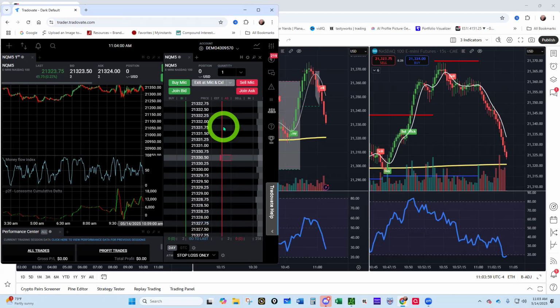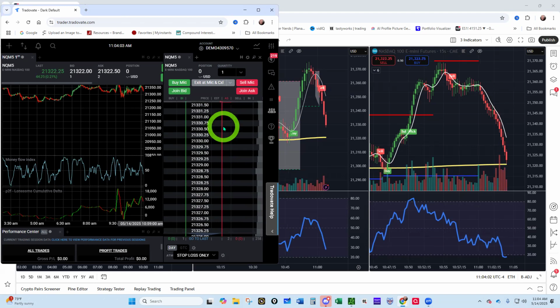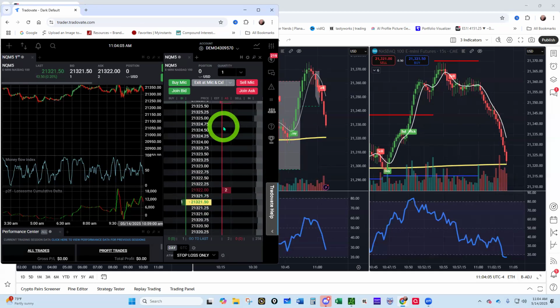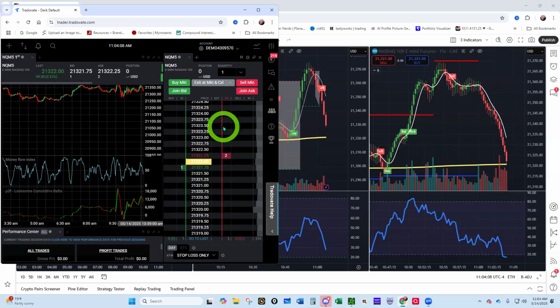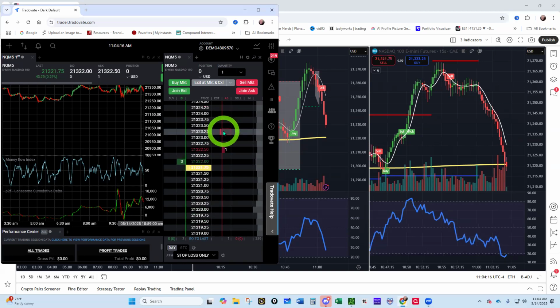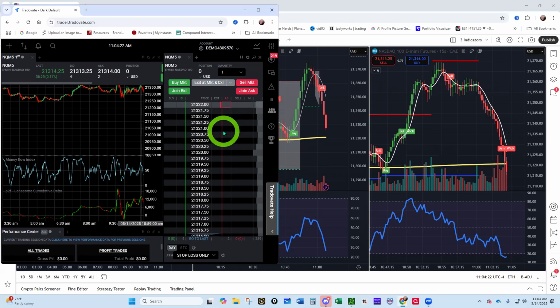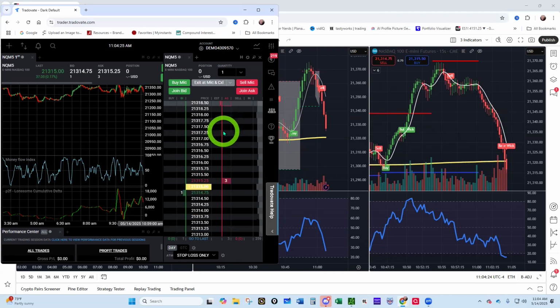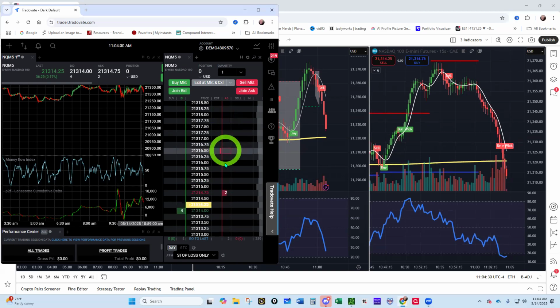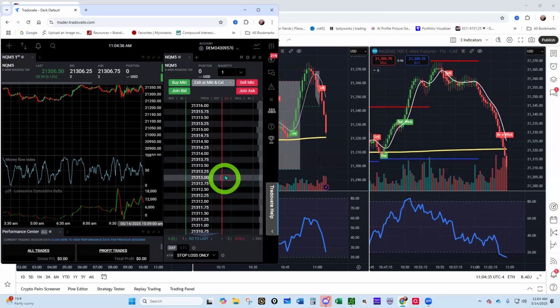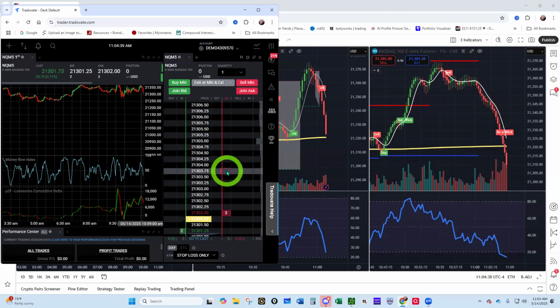Looking for this to go up a little bit before I jump in. Doesn't look like it's going to give me a chance. Would have been a good short. Yeah. Wow, would have been a great short.